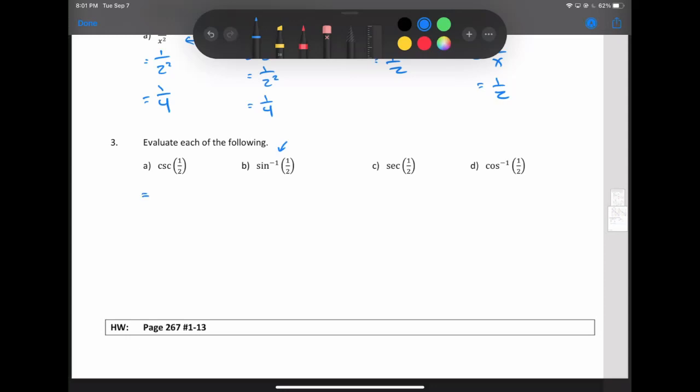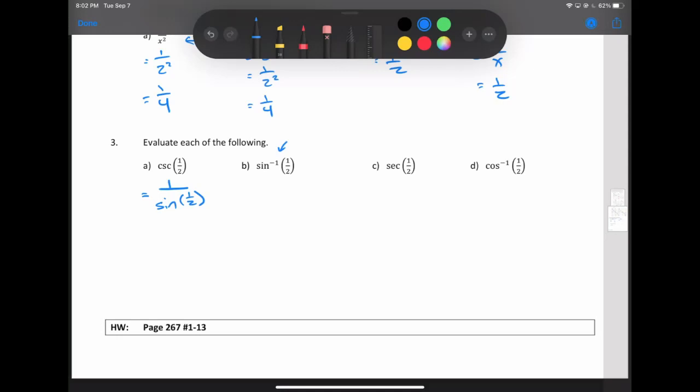Cosecant 1/2. When I plug that into my calculator, what I'll punch in is just 1 over sine 1/2. And I'm going to do this in radians because 1/2 does not look like a degree measurement.